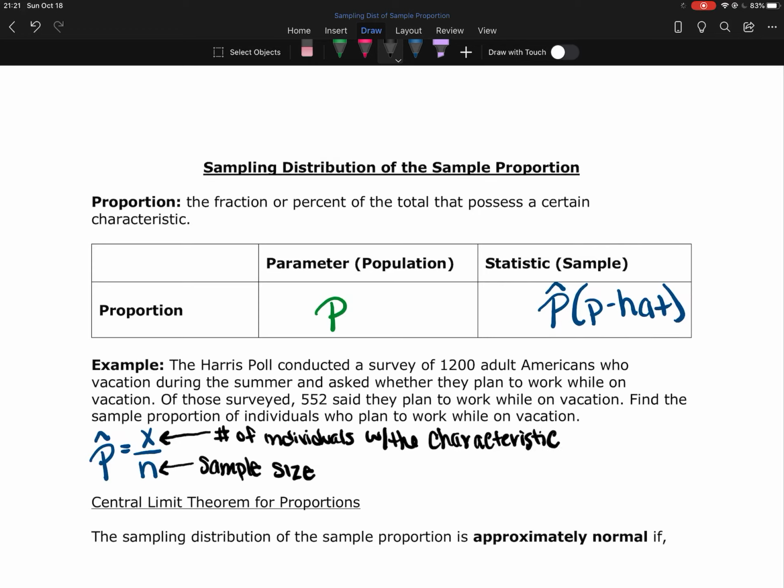So in this case, the characteristic that we're interested in is the people that are working while on vacation. So our p hat, our sample proportion, would be 552 over 1,200.